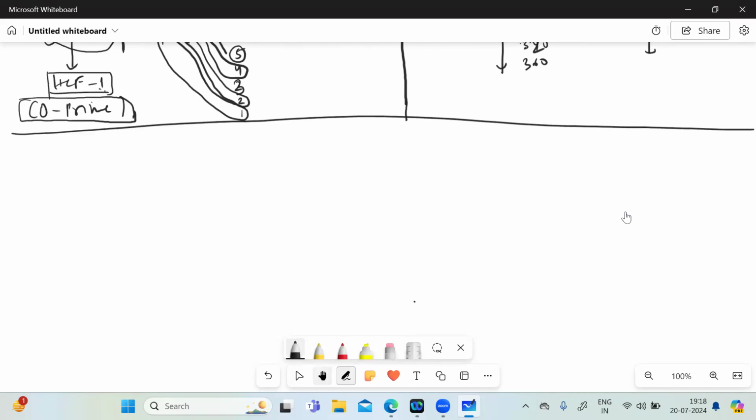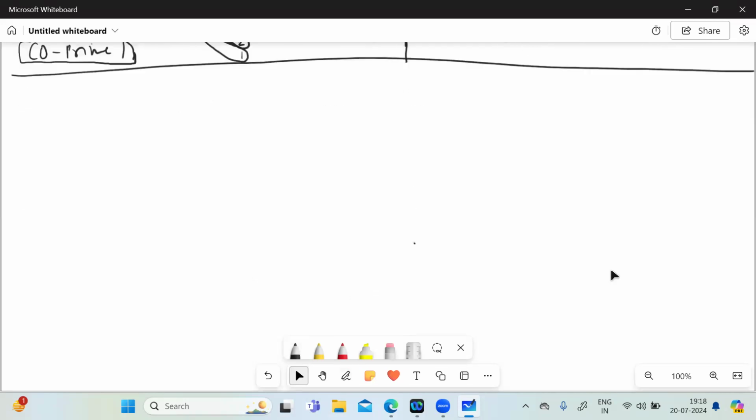First, I'll cover all the ways to calculate LCM, and then we'll try to find HCF. So let's say we have two numbers, 60 and 72, and I want to find the LCM of these two.